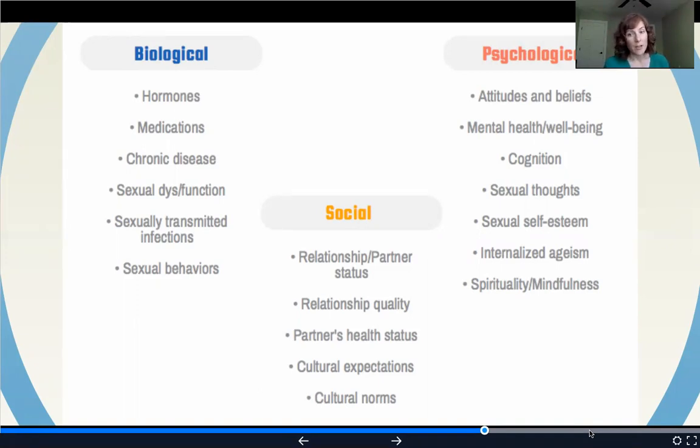I talked about internalized ageism, but also on the psychological side, there's that spiritual or emotional connection that a lot of people feel or talk about when they have really satisfying sexual experiences, is feeling connected. Not always, and we're not always looking for a spiritual or deep connection, but that can be part of a lot of people's positive sexual experiences.